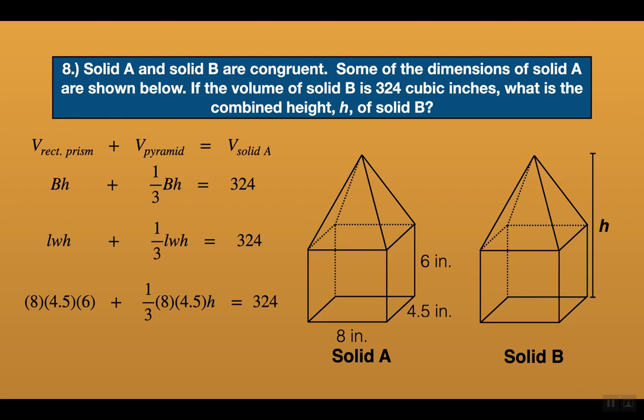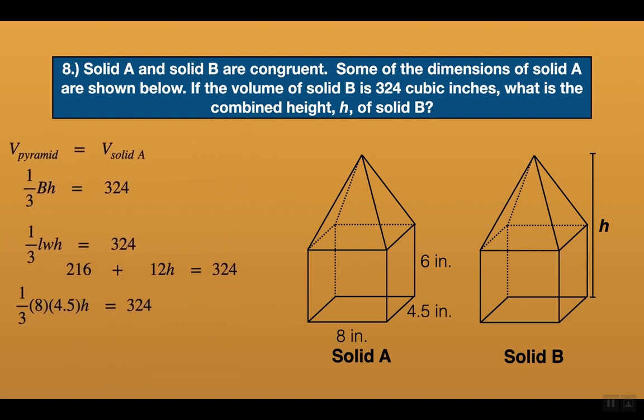With this information that we've substituted into the formula, that's going to allow us to find the height of the pyramid. So let's start simplifying this equation. On the left-hand side, if you multiply 8 times 4.5 times 6, you'll get 216. And then for the pyramid, if we multiply 8 times 4.5 and then divide our result by 3, that'll give us 12.